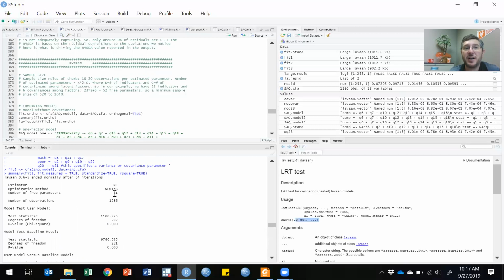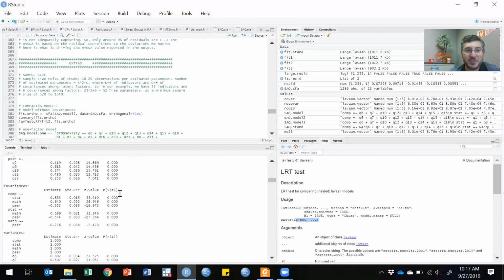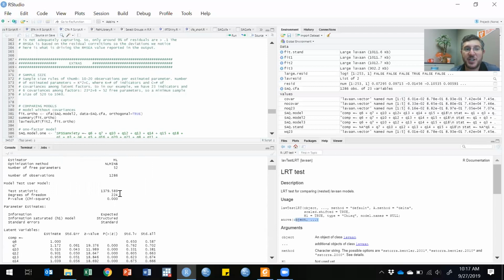In this one we didn't have question 20, so we had fewer indicators. That's why it's 51 instead of 52. If we go back to our first model, way up at the top, it's 52, the same as we found here. So according to this rule of thumb, we'd want a minimum sample size of around 520 to a little over 1,000. So we met the minimal sample size requirements according to that.